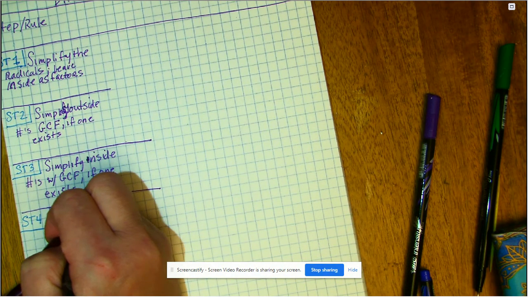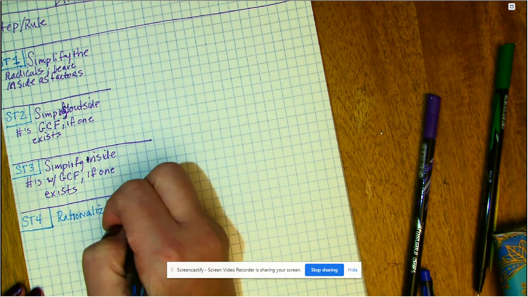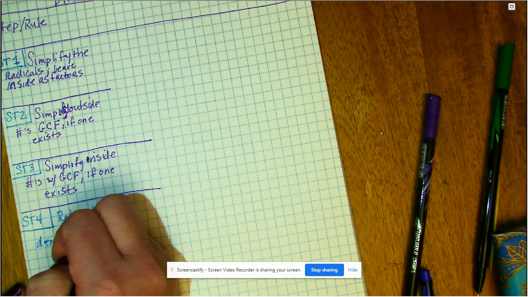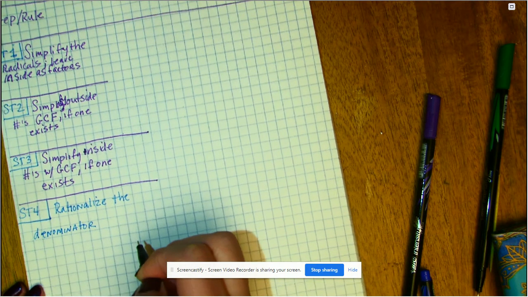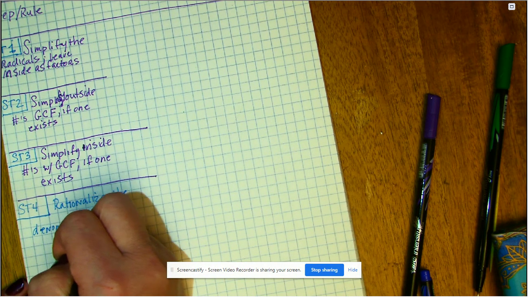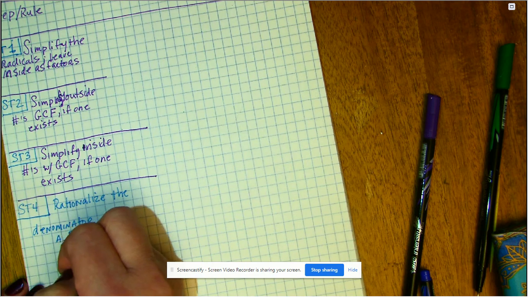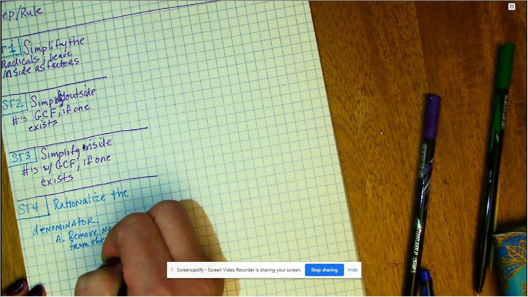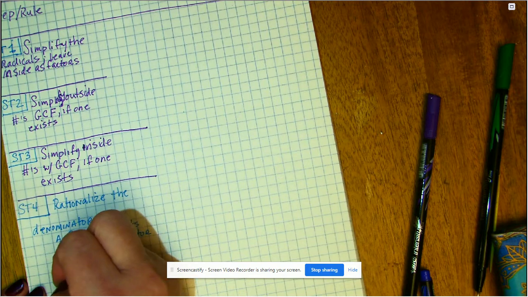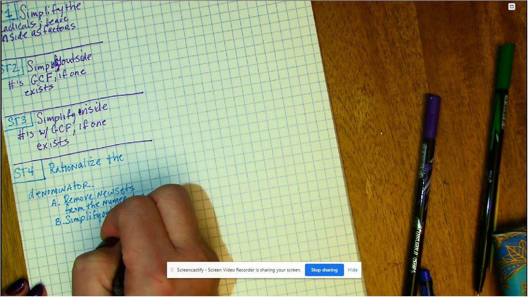It's going to be called rationalize the denominator, and when we do that, we're going to have to remove radicals from the numerator, and simplify outside numbers again.